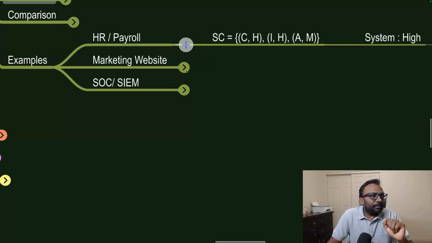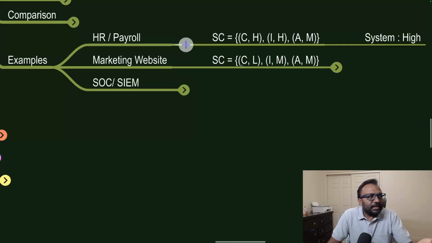When we talk about a marketing website, it is a public website, right? It is available for the public to see. Here, for the security categorization of the system, confidentiality is low because the data is already public. Integrity is moderate because tampering with that data can have an impact. The data shouldn't get tampered.